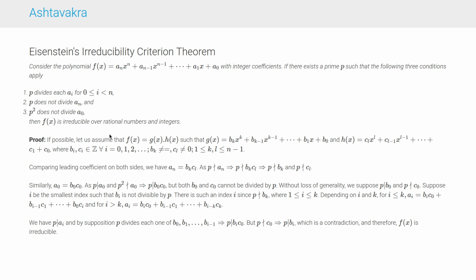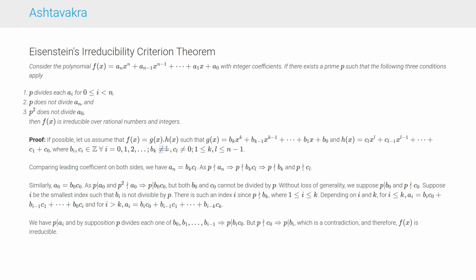The proof is a bit involved for this. So first we assume that f(x) is equal to g(x) into h(x) such that g(x) is equal to b_k x to the power k plus b_(k minus 1) x to the power k minus 1 up to b1 x plus b0, and h(x) is c_l x to the power l plus c_(l minus 1) x to the power l minus 1 and so on up to c1 x plus c0, where b_i and c_i both belong to the set of integers for all i from 0, 1 up to k and l respectively. b_k is not equal to 0 and c_l is not equal to 0.